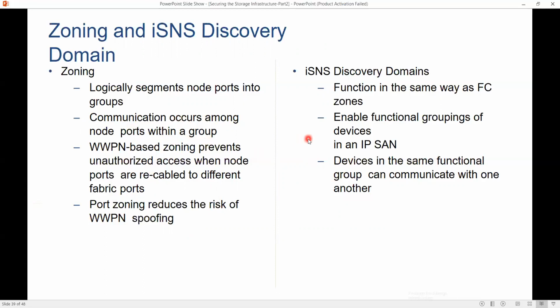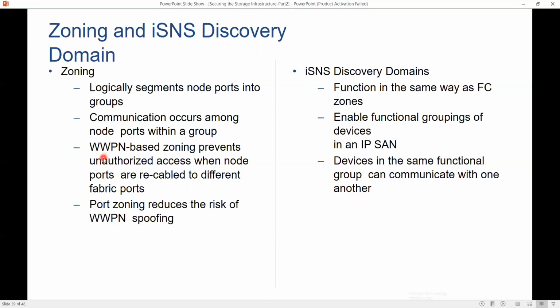Like if I have one server and two nodes, and in one zone I have one node and the storage array server, then the communication can occur in that zone only. If another node is in another zone, then it will be able to connect according to the nodes which are present in that zone only.